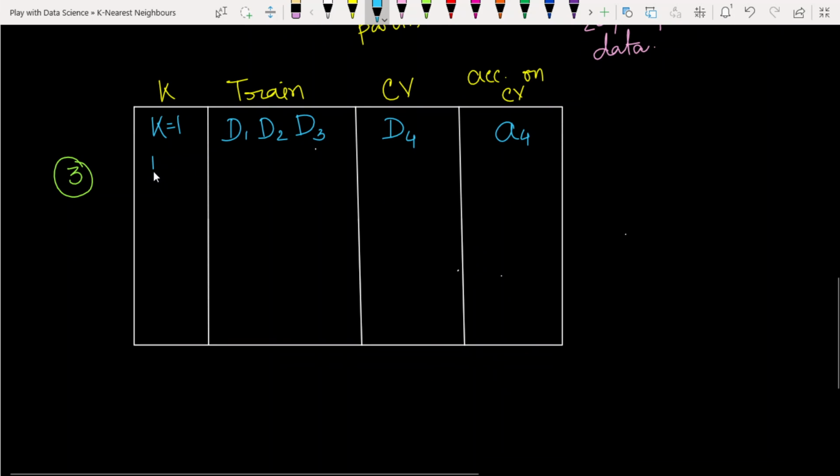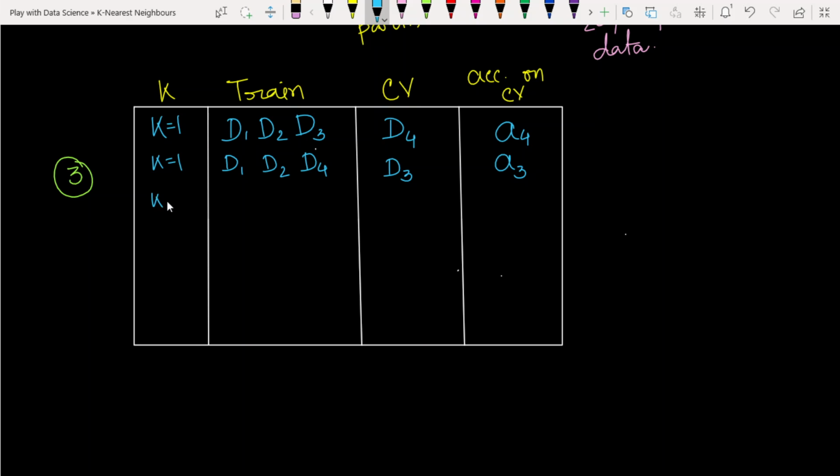Now for the same k is equal to 1, we are changing the data sets. Here we used d4 as cross validation data. Now we are considering d3 as our cross validation data. So what will be our training data? d1, d2 and d4 will be our training data, and d3 the cross validation data. In such a situation our accuracy of this model is a3, because of this d3.